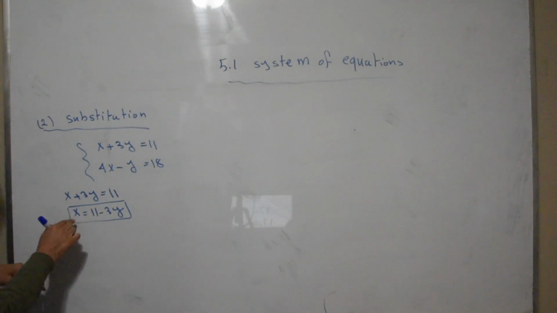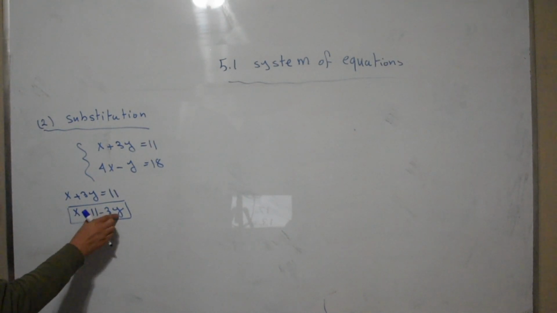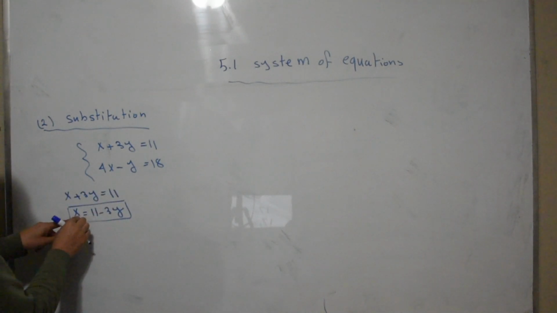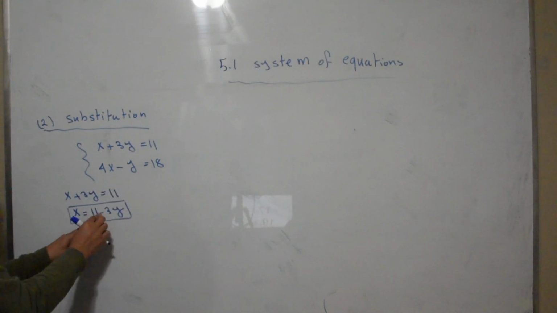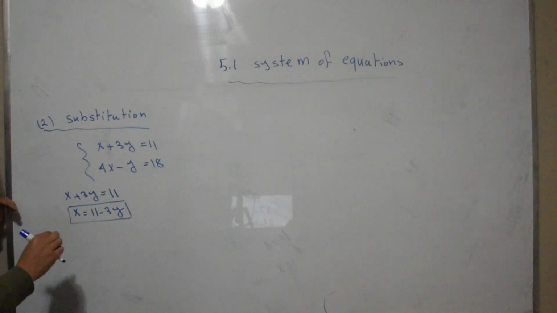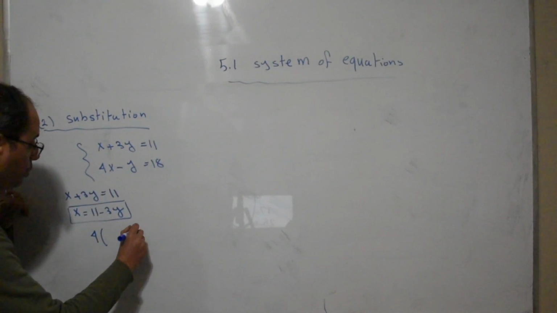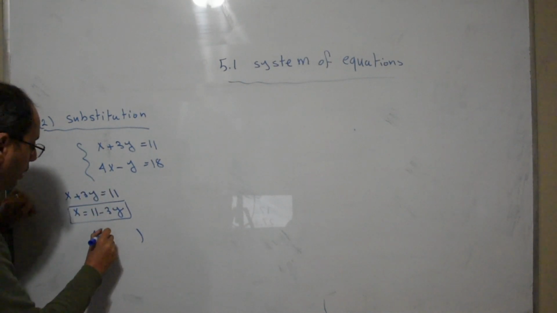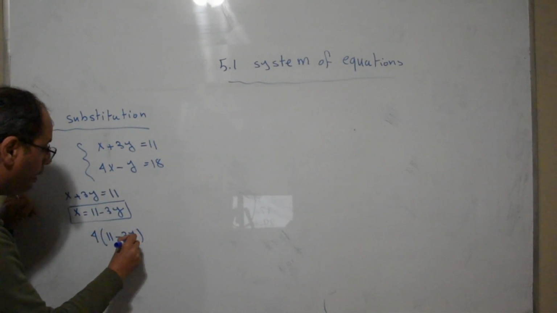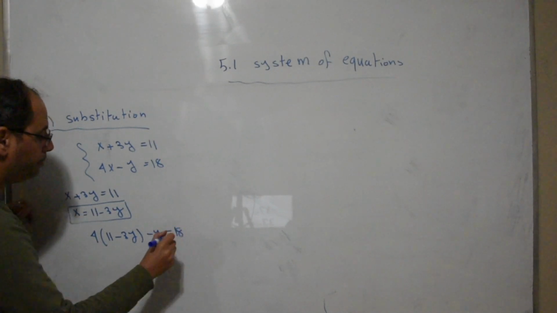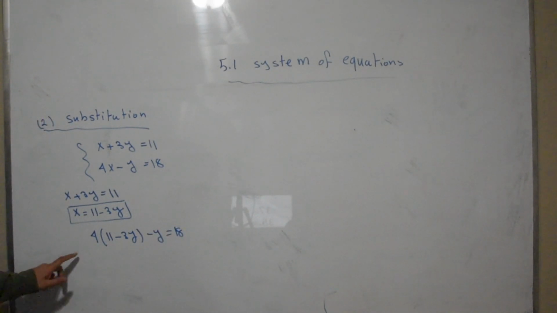Okay? Now I got a value of x. So now in the second one I'm going to plug in, and instead of x I substitute 11 minus 3y. So 4 times, not x, but 11 minus 3y, and then minus y equals 18. Now we distribute.